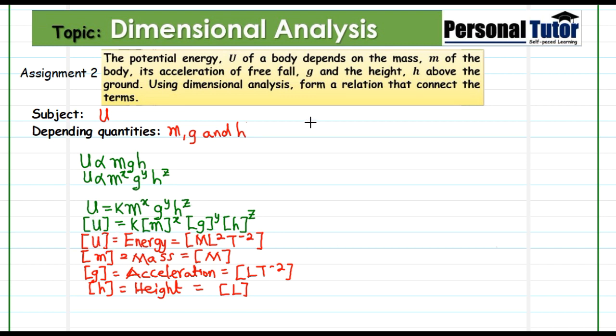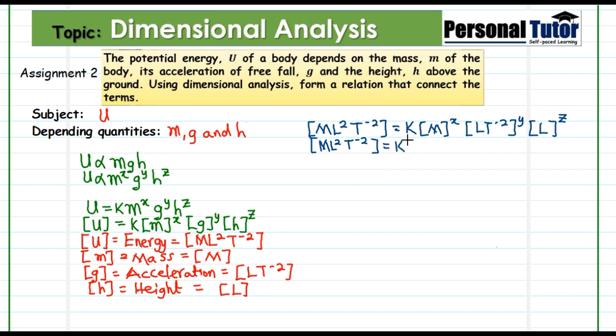That will give us for U, M L exponent 2 T exponent minus 2 equals k, for the mass, capital M exponent S, for the g, L T minus 2 exponent Y. Then the h is an L exponent Z. With this, the left hand side remains the same, but the right hand side is expanded as M exponent S. This Y here goes for both the L and the T, so that will be L exponent Y, T exponent minus 2Y. And the last one, L exponent Z.